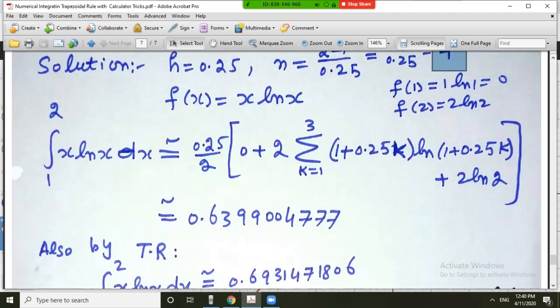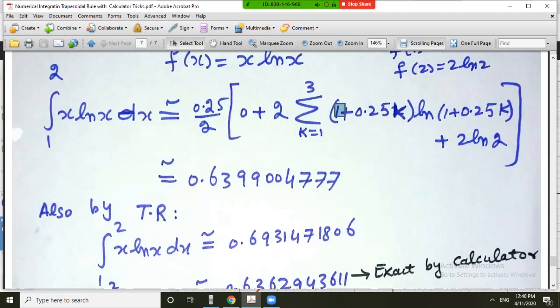And here in the summation, n will be 3. x naught plus kh. H is 0.25, x naught is 1, so 1 plus 0.25k. Natural log of x naught plus kh. Okay, so by using calculator, we have this result.